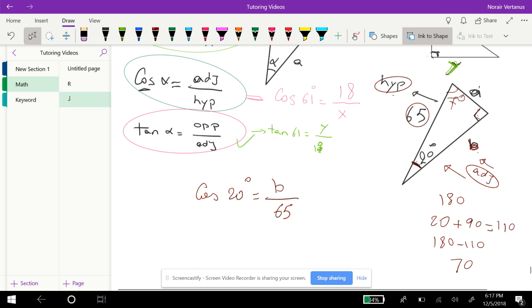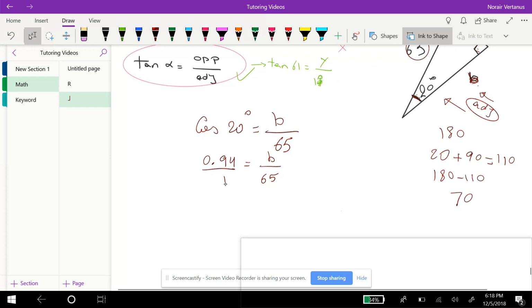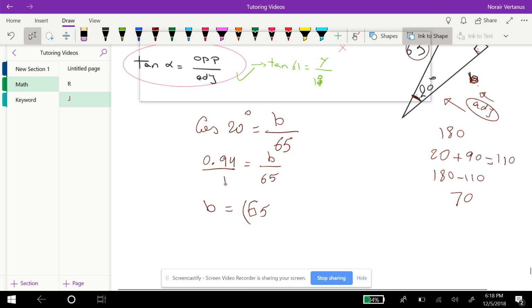So hopefully, yeah, cosine of 20 degrees. Cosine of 20 is equal to 0.94. I'm rounding to the hundredths place. That is equal to B divided by 65. So if you cross multiply, you put this over 1. 1 times B is going to be B equal to 65 times 0.94.